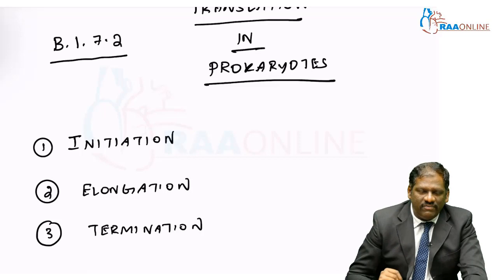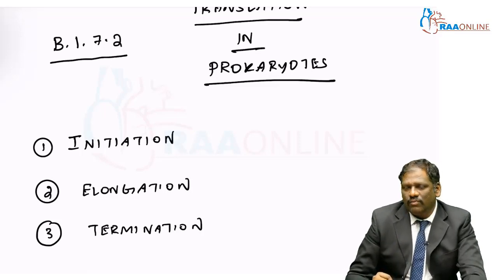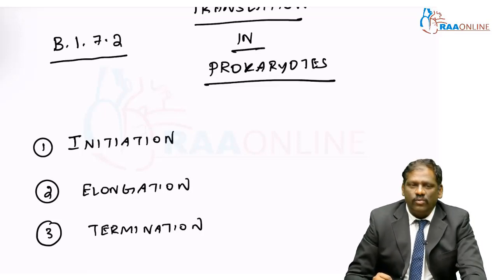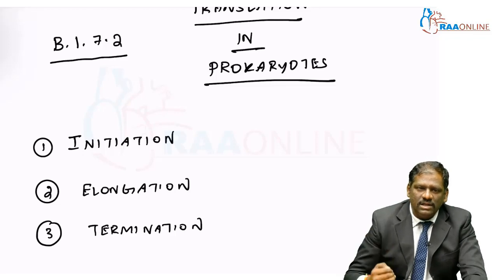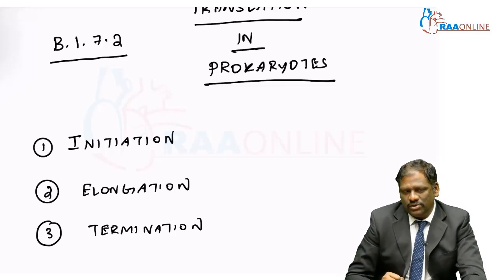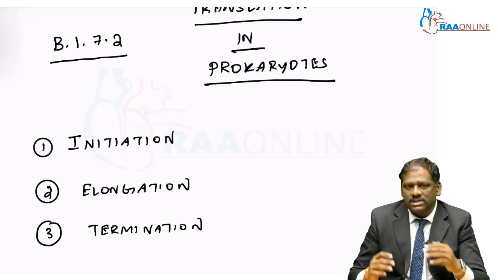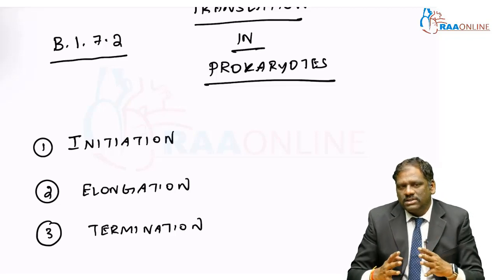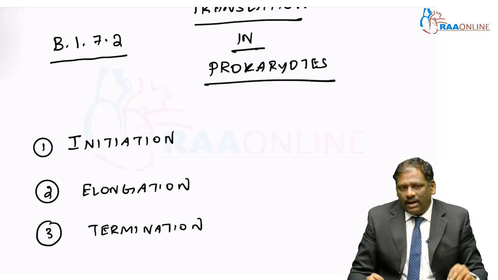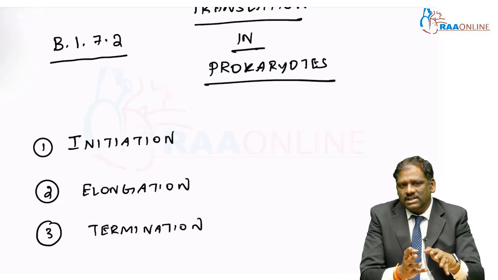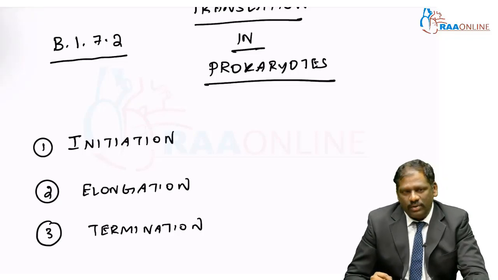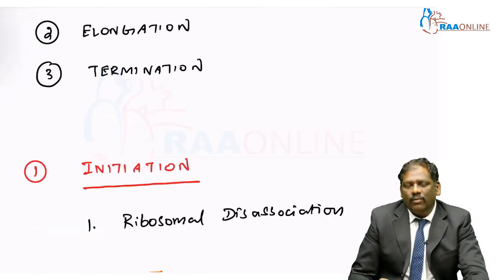There are three main processes involved during translation in prokaryotes: initiation, elongation and termination. You all know this. Initiation is the starting of translation, elongation is the propagation and chain formation, and termination is the release of the protein being formed.